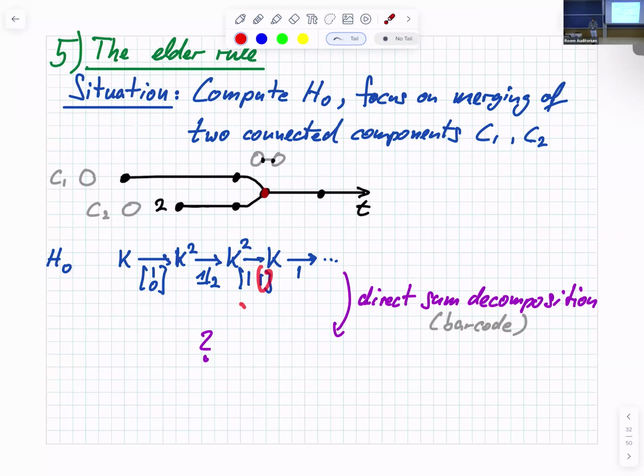So the matrix that I get for that merging is this matrix, which has got two ones. That makes sense? Okay, good. And then from there, I continue with identity 1, 1, 1, 1 forever. So this one is my module. That's what I'm given.